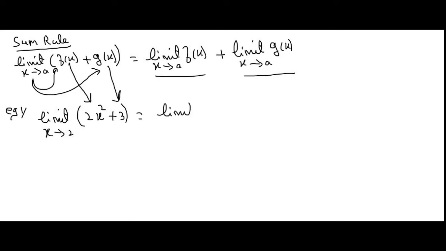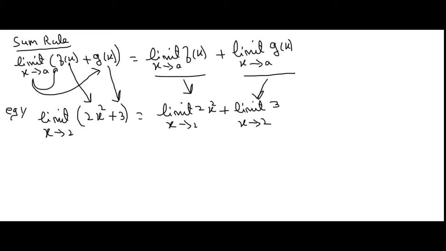Limit x approaches to 2 of 2x square plus limit x approaches to 2 of 3. We can compare this with f of x and g of x.